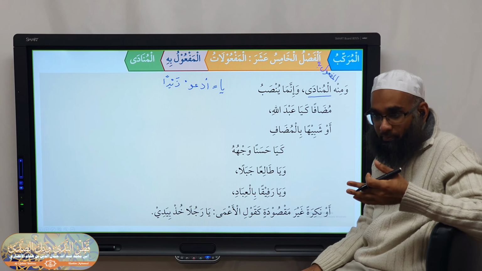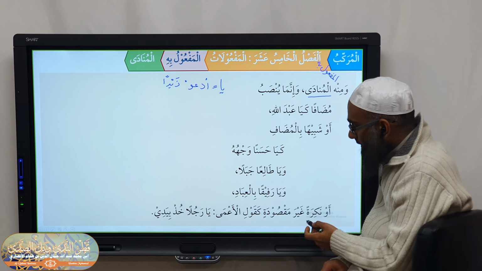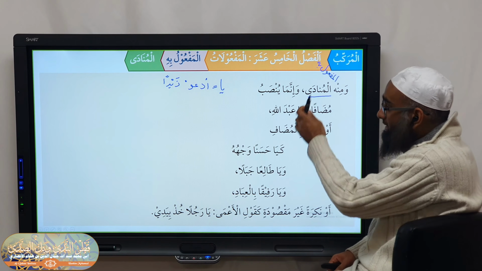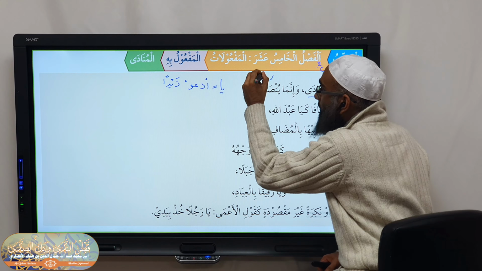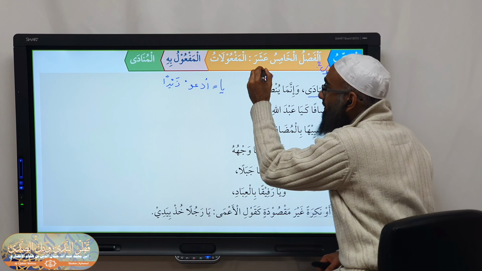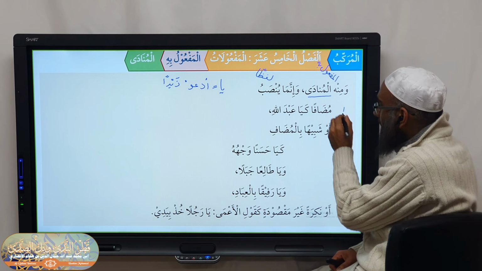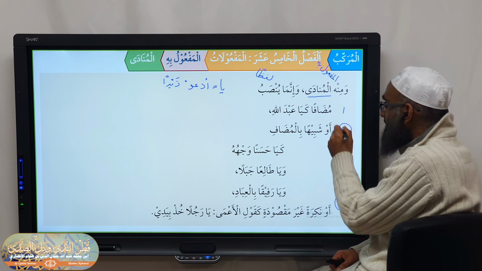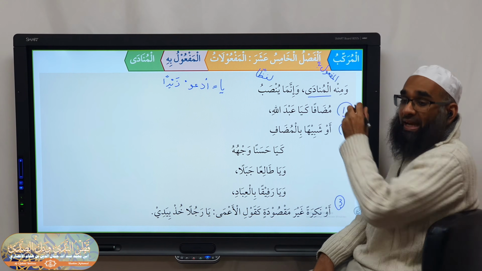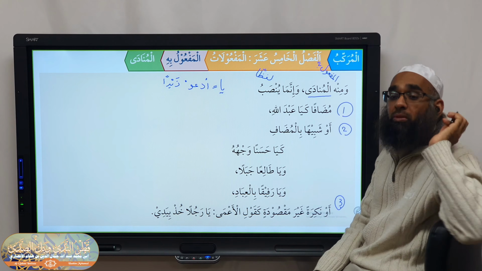But what would you say? Mahallan is mansub. So what he's saying here, وَإِنَّمَا يُنْسَبُ لَفْظًا: the nasab lafzi is only apparent in 3 scenarios. In 3 places, we have the i'rab lafzi, where you can actually see the word becoming mansub lafzan.